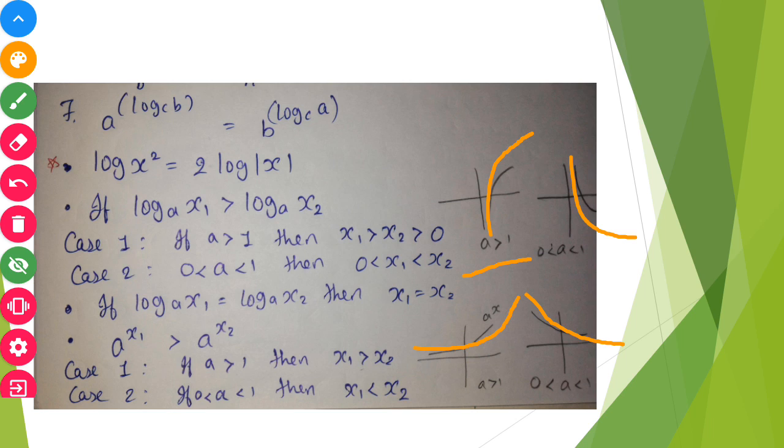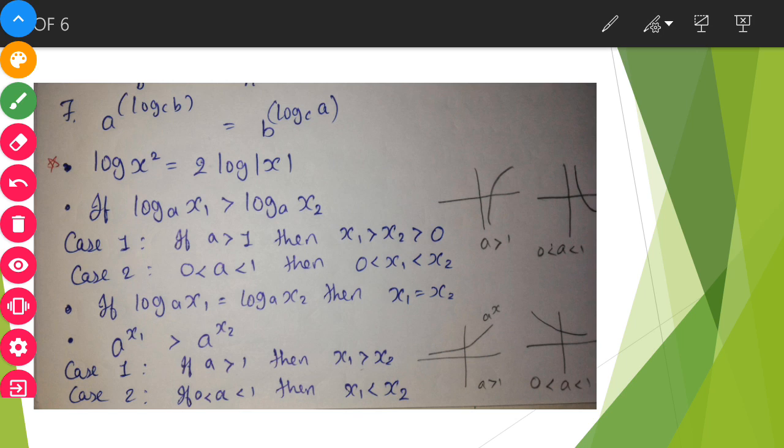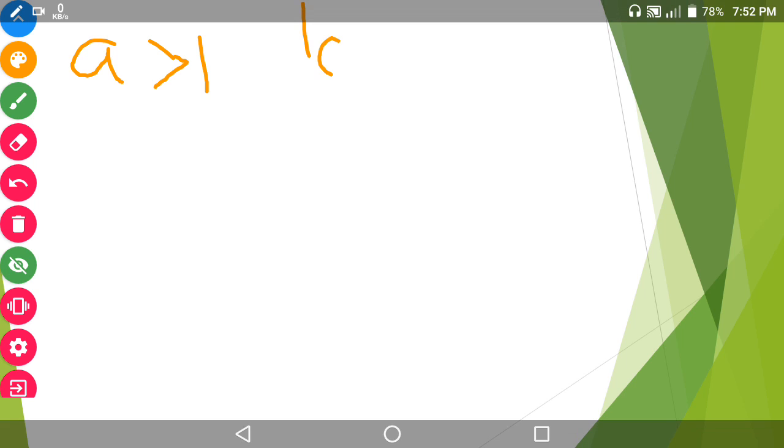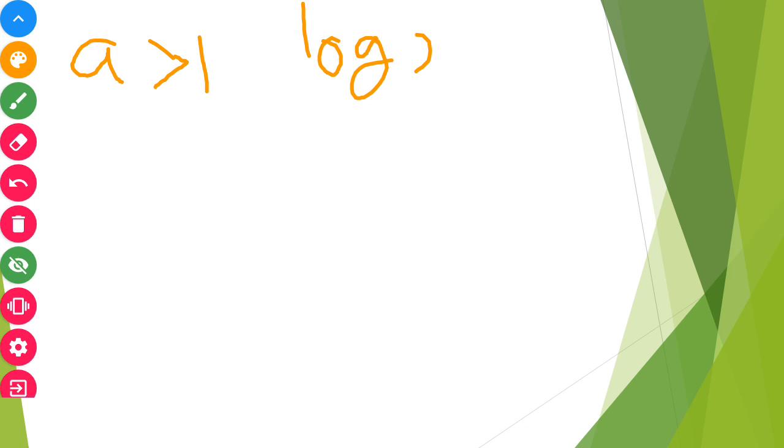Let's see it on a different page. So if a is greater than 1, we are seeing this for log x.